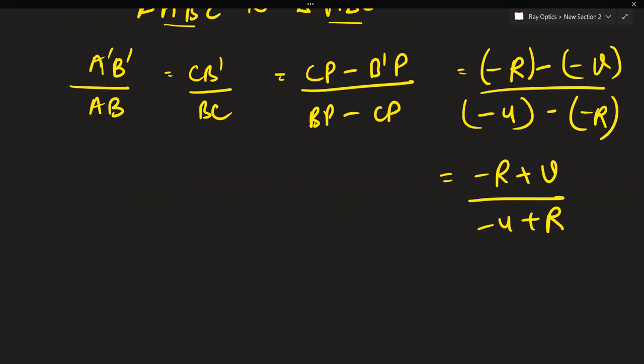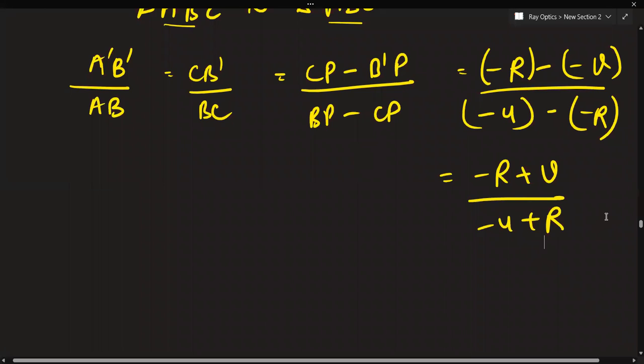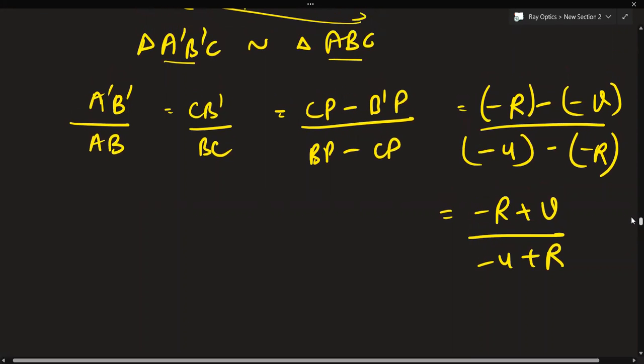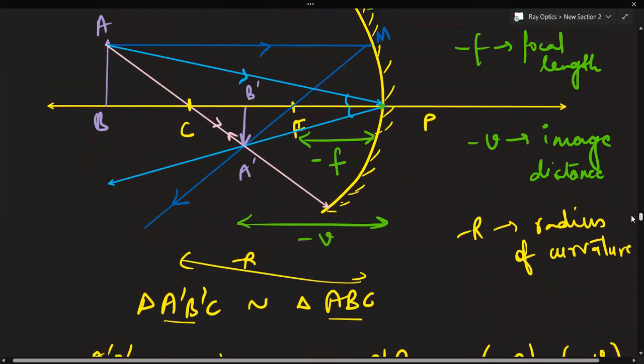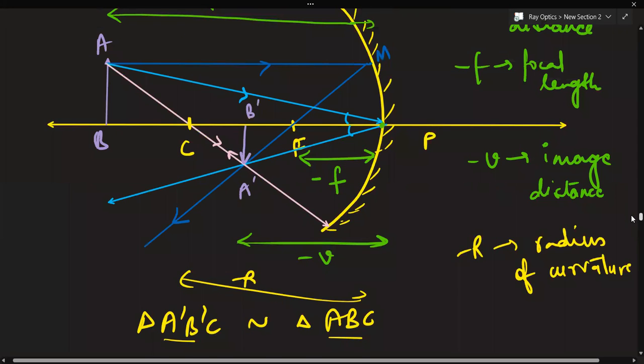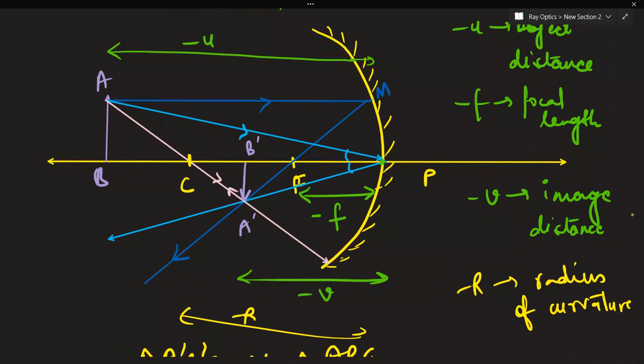Fine. Now see, one more thing. These two triangles are similar. If you notice this triangle A dash, B dash, and P, and notice this triangle ABP, they are also similar.